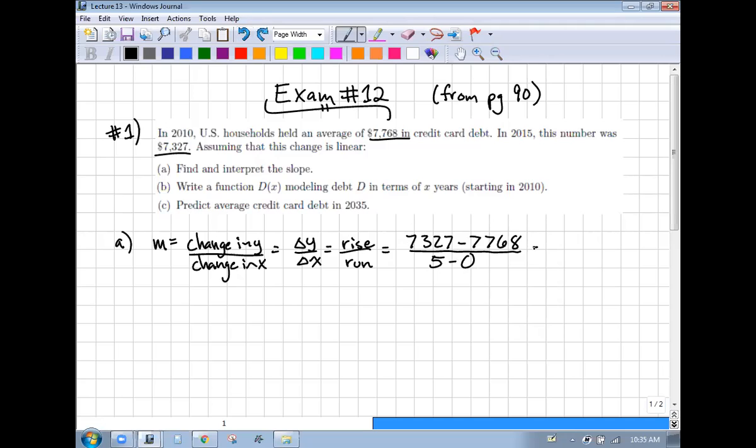So if we use our calculator, 7,327 minus 7,768. What we have is the debt has gone down $441 in 5 years.